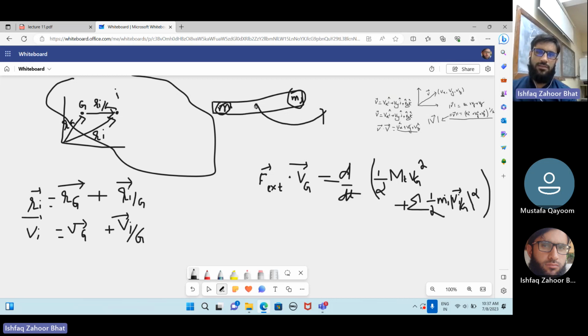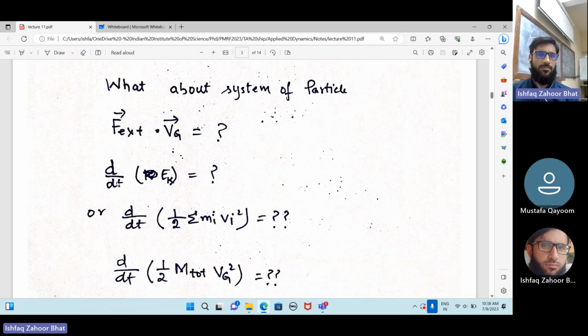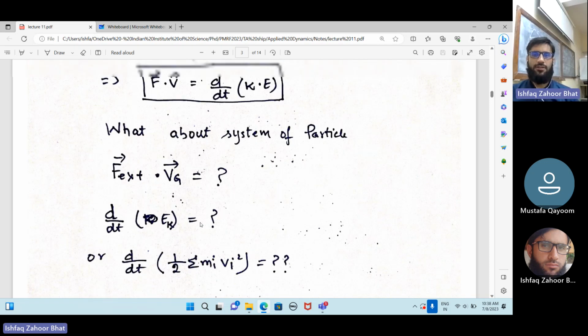So the center of mass is here and it follows this trajectory. So obviously the velocity of the center of mass is changing. Okay, so your first guess is that this F external acting on the system should have the relation like this. The second question might come, what is the d by dt of Ek itself?